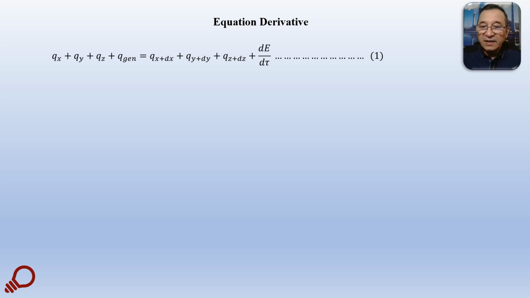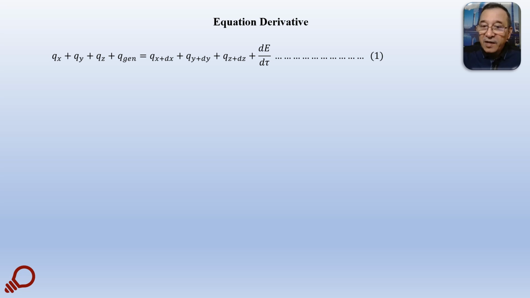Thus, on the left-hand side, we have the inlet sides of the element, q sub x plus q sub y plus q sub z, plus the energy generated in that element, equal to the heat transfer leaving on the other faces, q sub x plus dx plus q sub y plus dy plus q sub z plus dz.